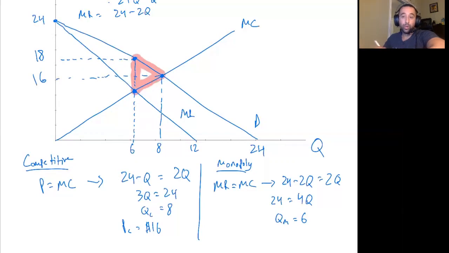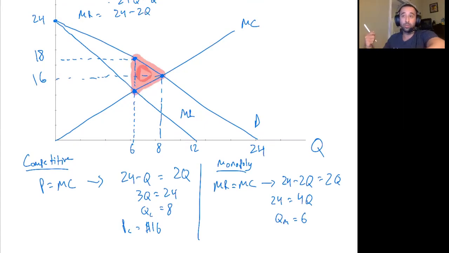We showed in our welfare lecture that an equilibrium where demand is higher than marginal cost is inefficient, because we're preventing people who are willing to pay more than the producer is willing to sell for from engaging in these transactions, and we're losing that potential welfare. So we call this area the deadweight loss, because it's the loss associated with an inefficient equilibrium outcome under the monopolistic market structure.